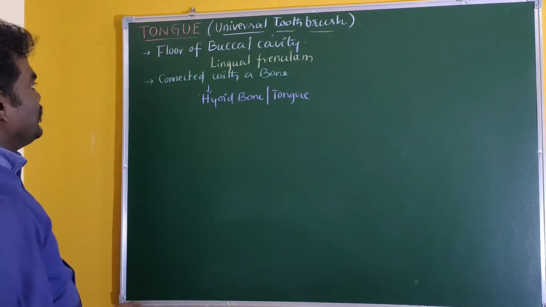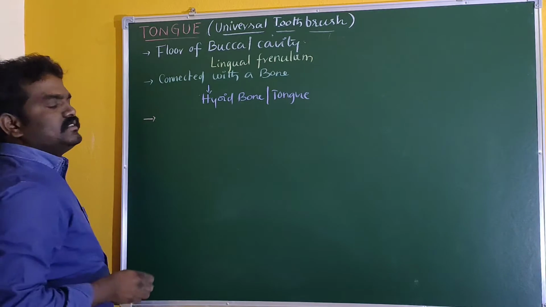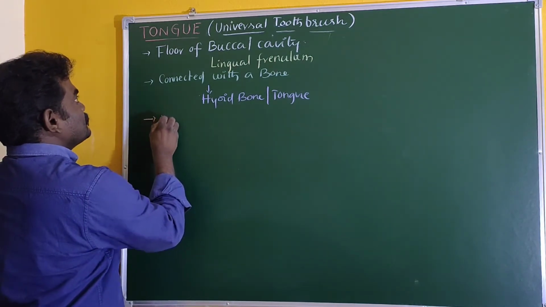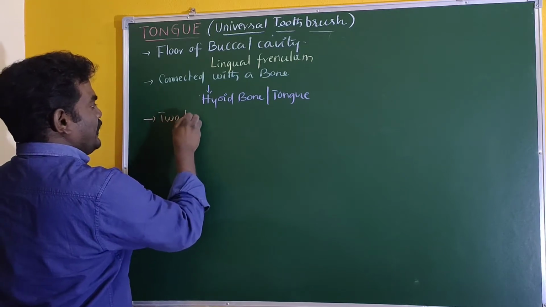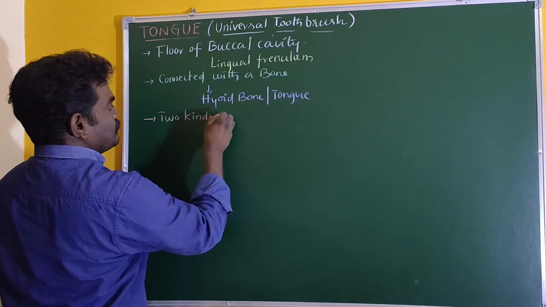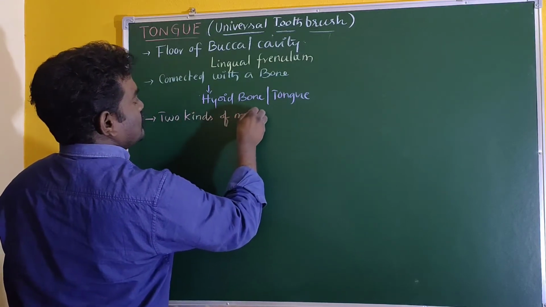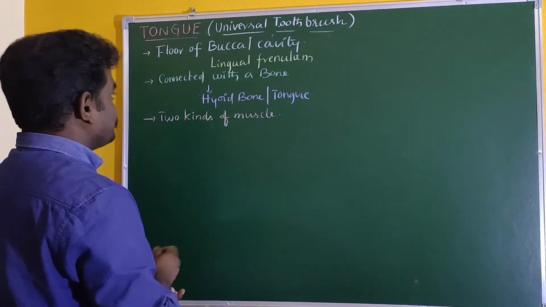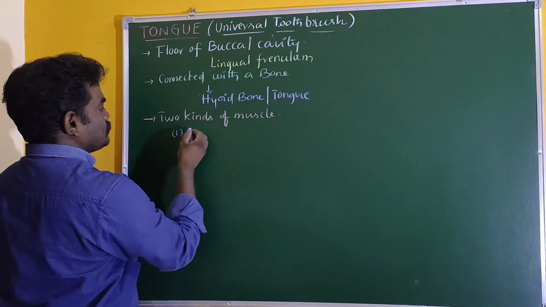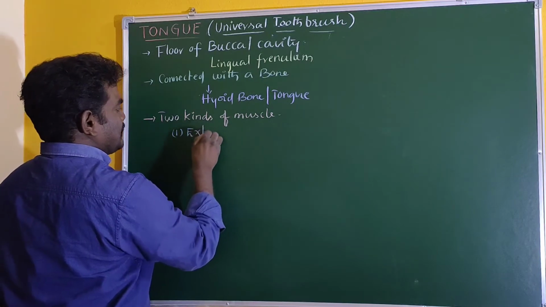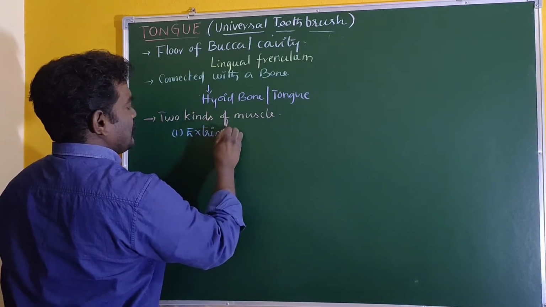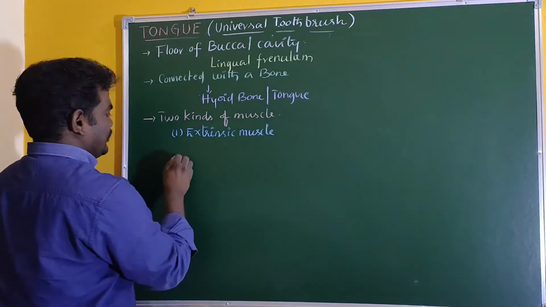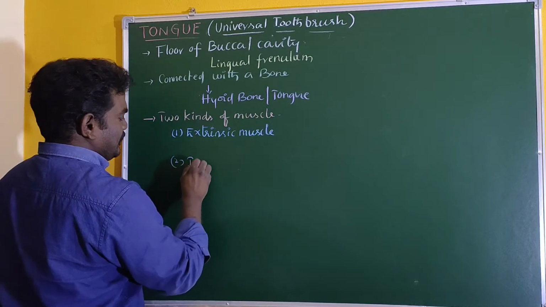Next, it has two kinds of muscles: one is the extrinsic muscle, and the second one is the intrinsic muscle.